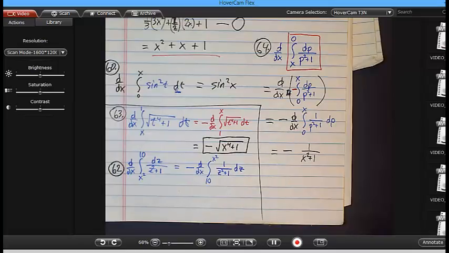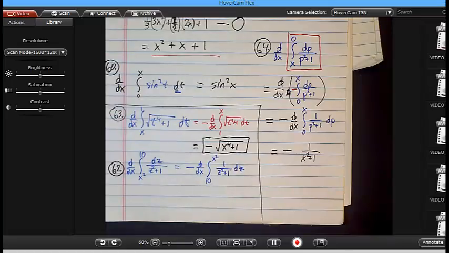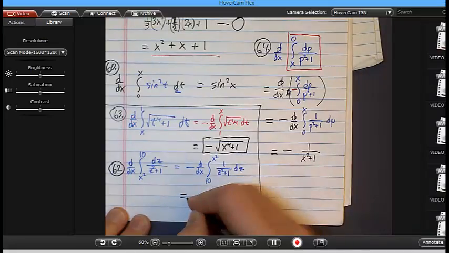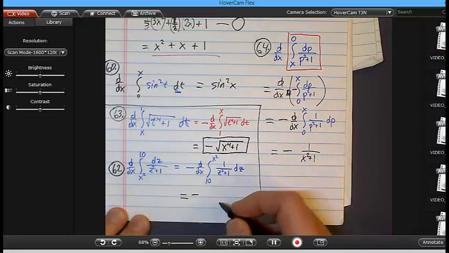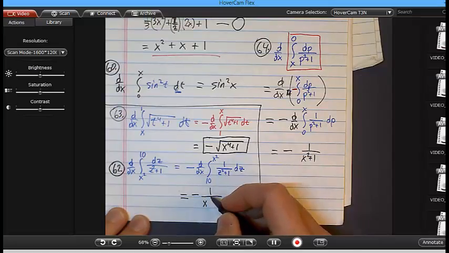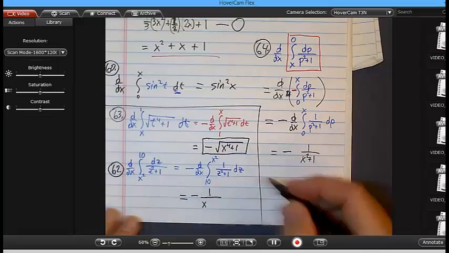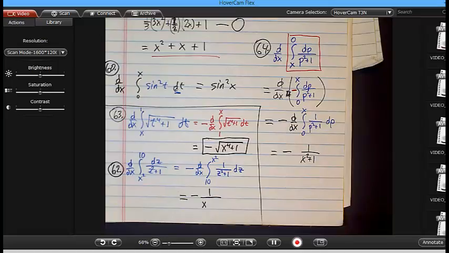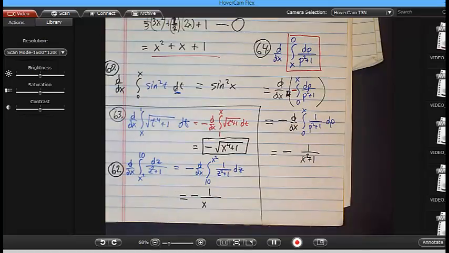All right, now we'll see if this makes sense. I'm finding the derivative of this area function. The answer would be negative 1 over, well, let me do this. Let me do the substitution, to see it more clearly.